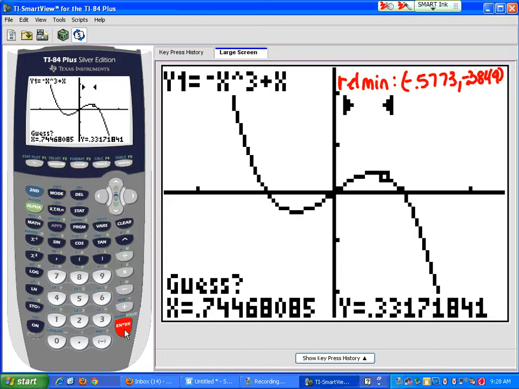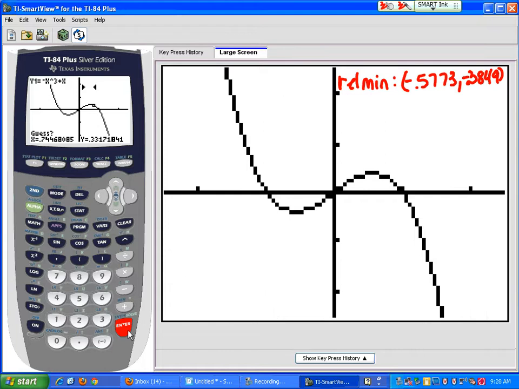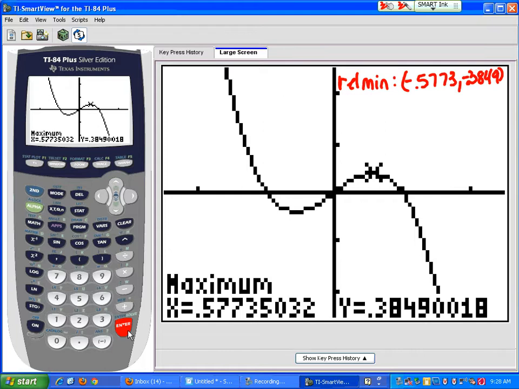When you do that, you should end up with a relative maximum point, and again, it's a point, so we want to write the whole thing. In this case, we have 0.5774, comma, 0.3849. So that's my relative maximum point.